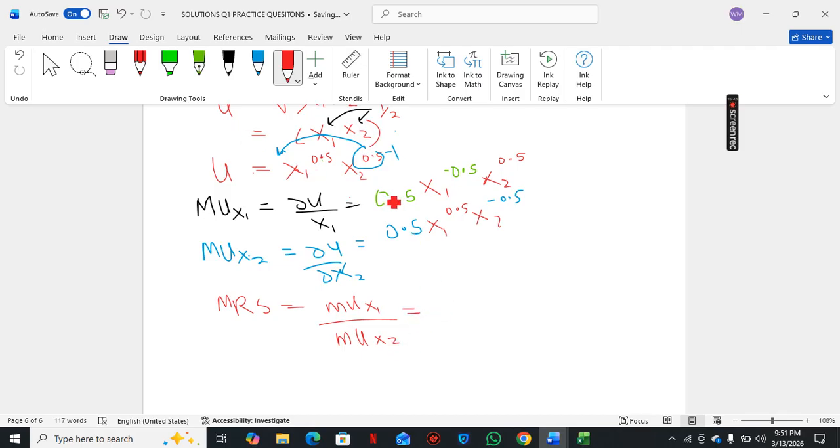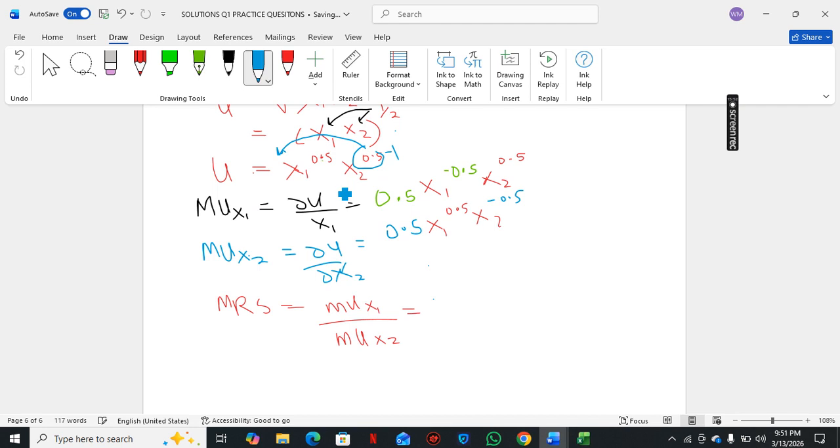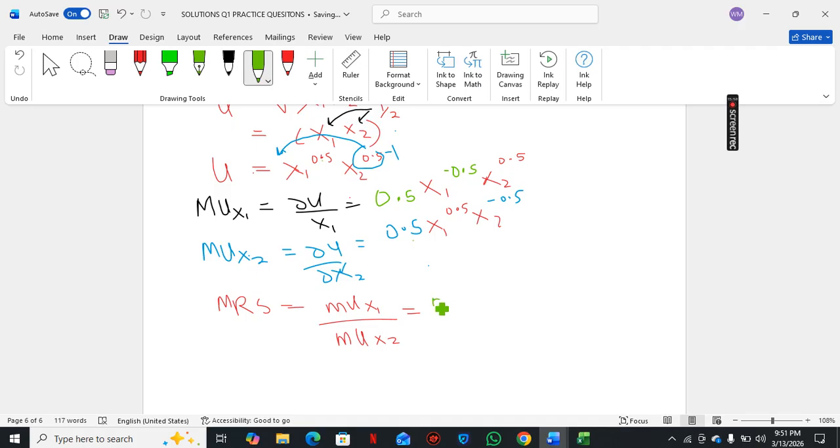So we're going to bring our information here. So MU x1, remember it is 0.5 x to the power negative 0.5.